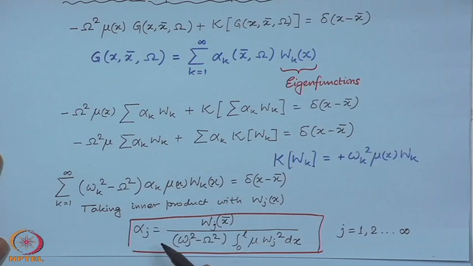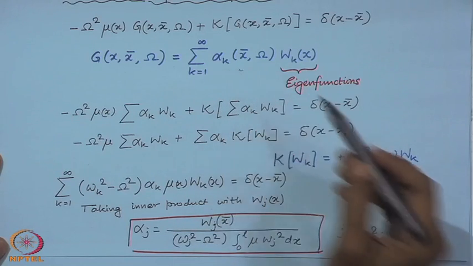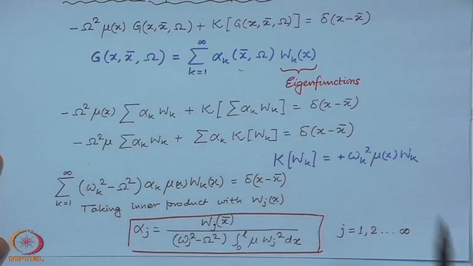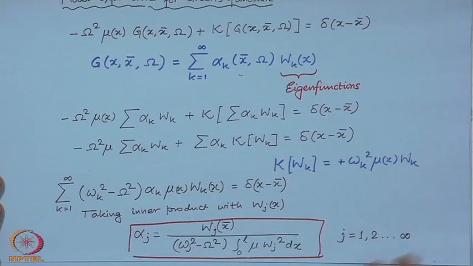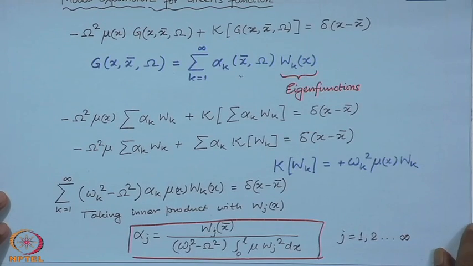And once I have this, I can substitute back in here, and I have the series expansion of the Green's function in terms of the eigenfunctions of the problem. So, this is how we can also solve the Green's function using the eigenfunction expansion, a method which we have also discussed in detail in the previous lecture.